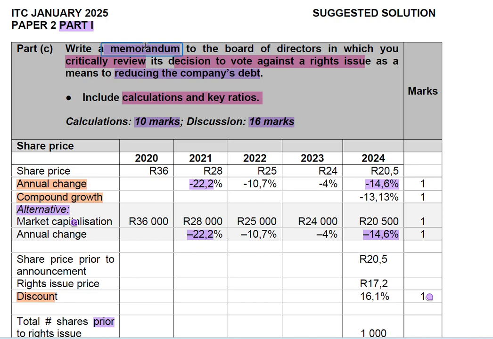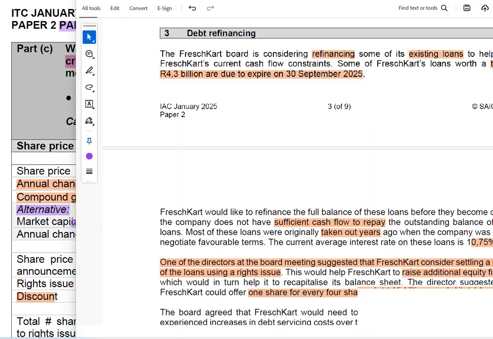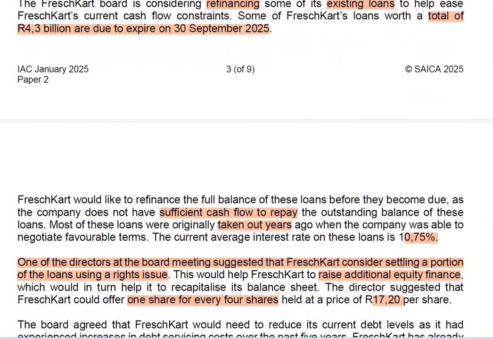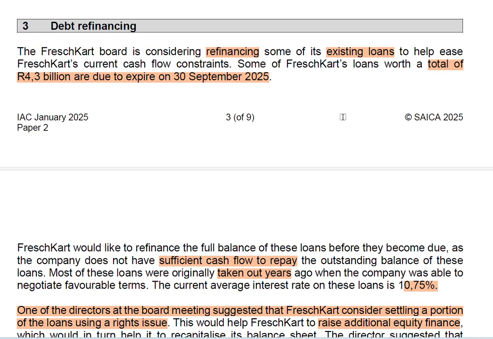So now that you are done with analyzing what is required of us, I wanted to go back to the scenario and summarize what was in it. Then we'll come back to the suggested solution and look at it together. This question is with reference to part 3 of the scenario.